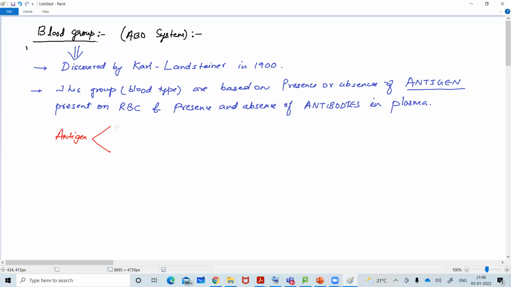We call them antigen A and antigen B. So these are the two broad categories of antigen present on RBC. Fine? Got it? ABO blood group is controlled by three genes or three alleles.